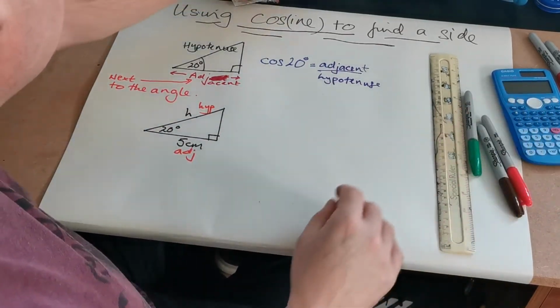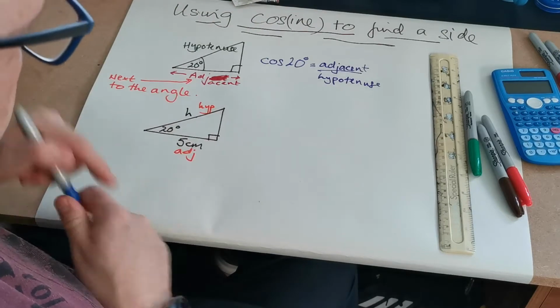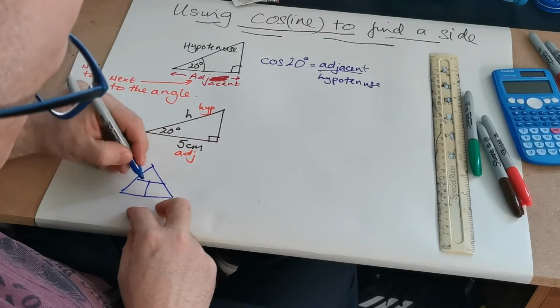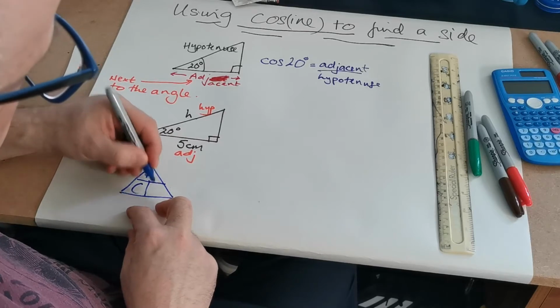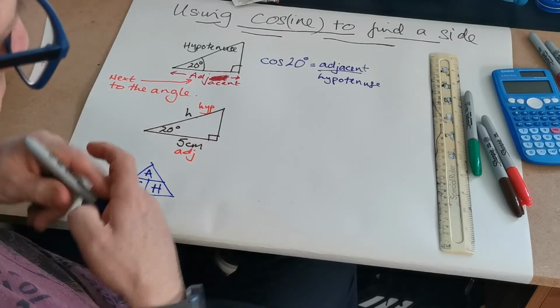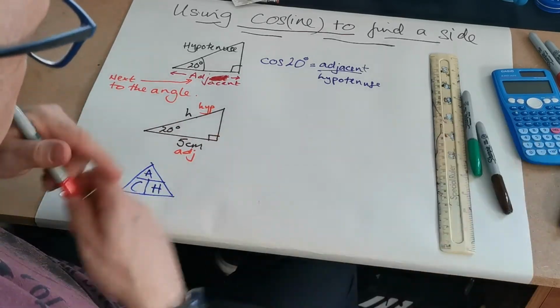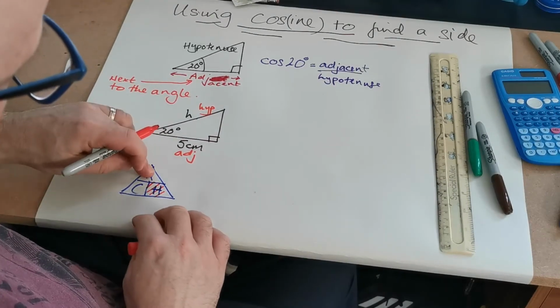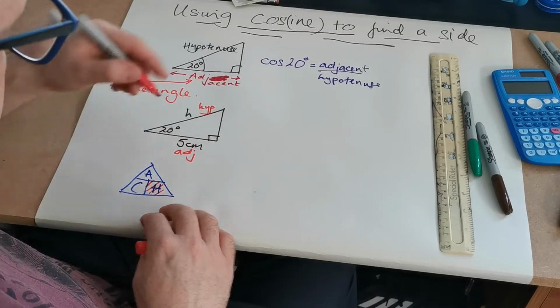Now I'm going to use an algebra triangle, which you've seen me use before. And in this case I'm finding the hypotenuse, so I'm going to cover that over. So I've got A over C, so that's a divide.